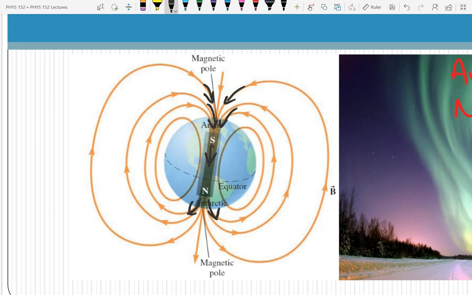Things that are the same about magnetic field lines and electric field lines. What do you see that's the same about magnetic field to what you saw with electric field? There's something that electric field lines have that equipotential lines didn't have.